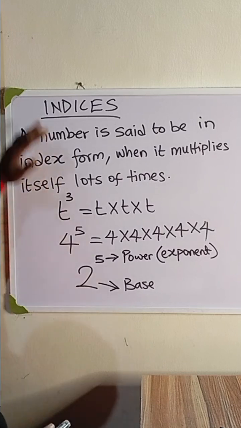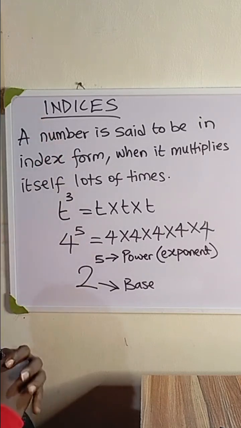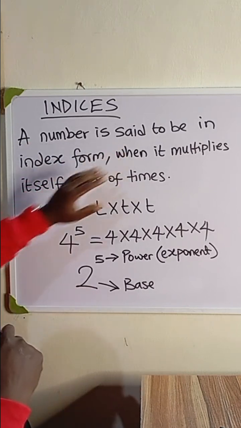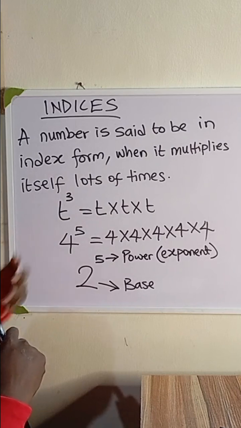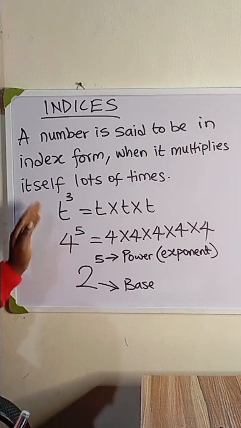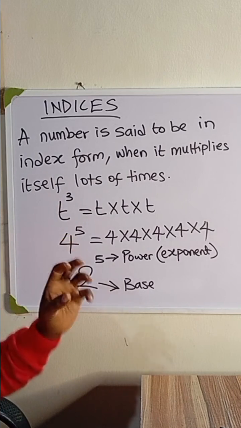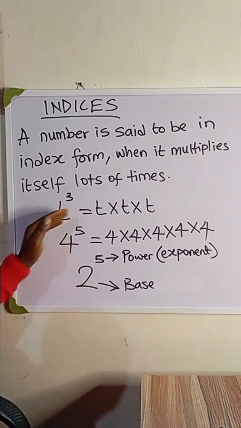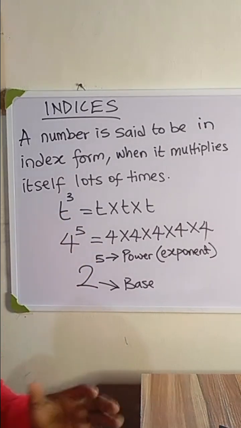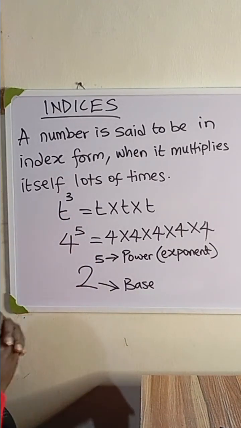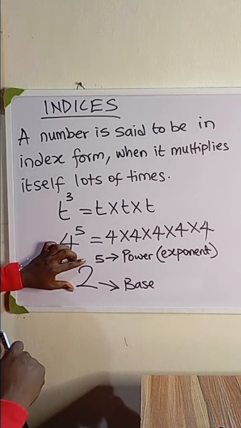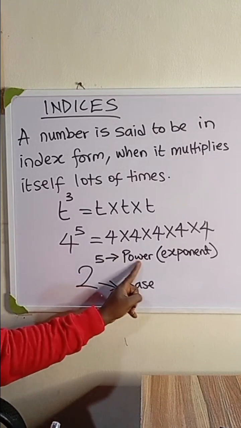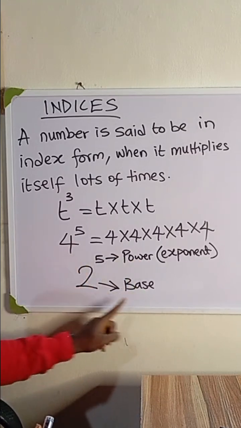Okay, so let's go through what we have just done, because the next thing we're going to do is look at the laws of indices. A number is said to be in index form when it multiplies itself lots of times. We looked at t to the power of 3, which means t is multiplying itself 3 times. We also looked at 4 to the power of 5, which means 4 is multiplying itself 5 times. And then we said that when you have a number in index form, it consists of two numbers, the number at the top, the power, and the number at the bottom, which is a larger number, called the base.